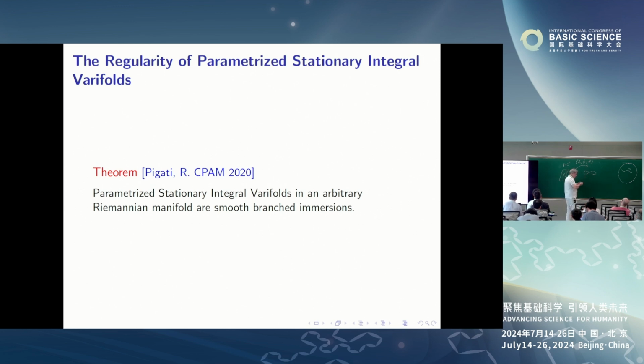The parameterized stationary varifold is telling you that if you take any perturbation in the target, in the ambient space, which is avoiding the image of this part of the level set, somewhere here.